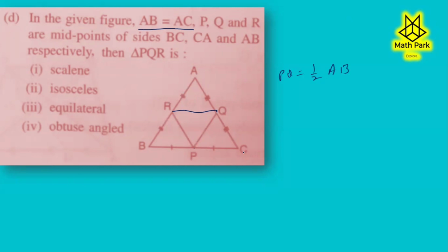And if you focus on side AC, then you have PR is equal to half of AC, and we know that AB is equal to AC. So from that you get PQ is equal to PR. Since two sides of the triangle are equal, the triangle is isosceles. Got it?